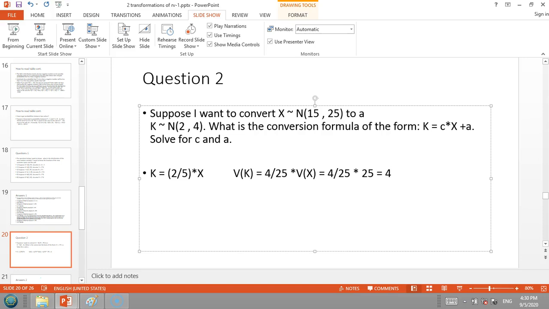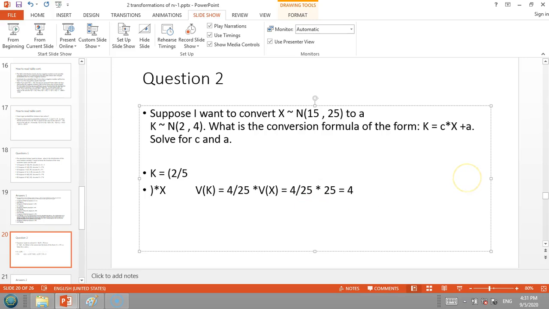So you multiply by 4 over 25, and yes, you multiply by 2 over 5. Now, what happens to the mean of x when you multiply it by 2 over 5? So this part is good here.